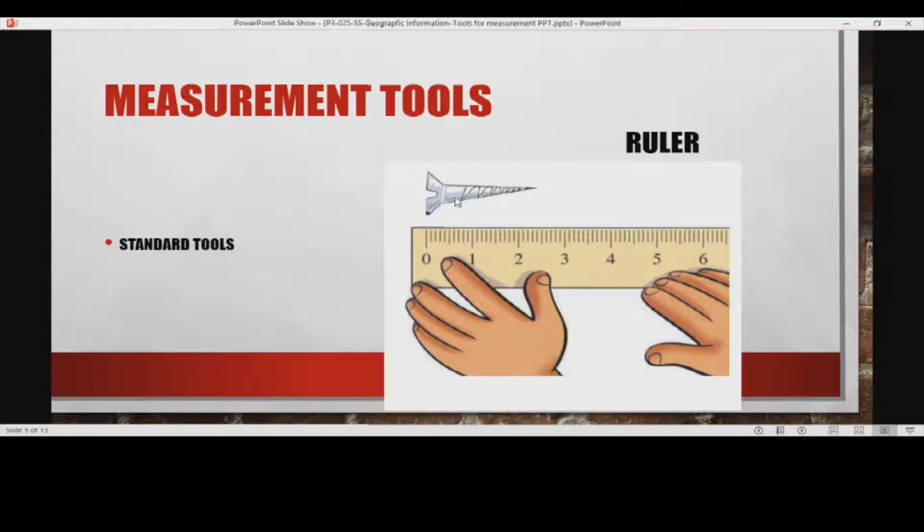Can anybody tell me what this object is in the picture? It's a nail. How long is the nail? 1 centimeter? No. 2 centimeters? No. 2.5? Yes, I think about 2.5 centimeters. You can see the point of the nail. We measure an object from one end to the other. This is its length or distance.